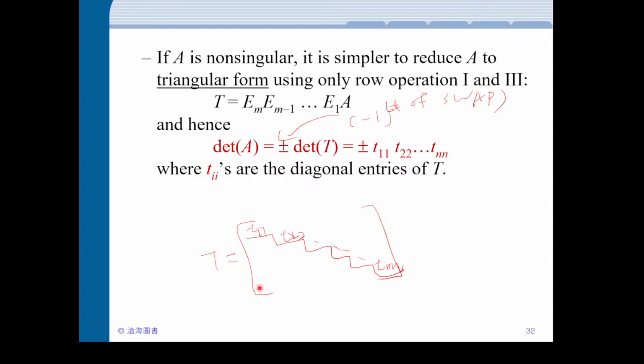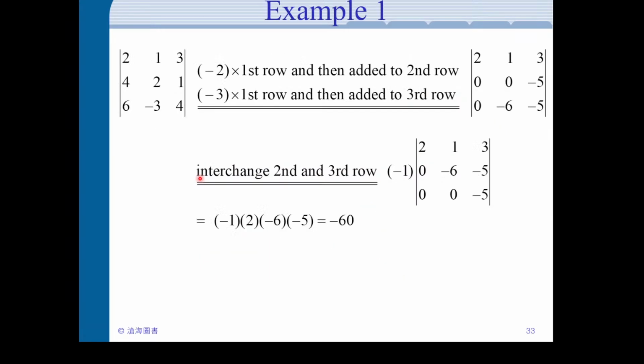Okay, so you can just reduce your A to a triangular form, and remember how many swaps you use, and calculate the product of those diagonal entries, and then with some -1, this will give you the determinant of A.